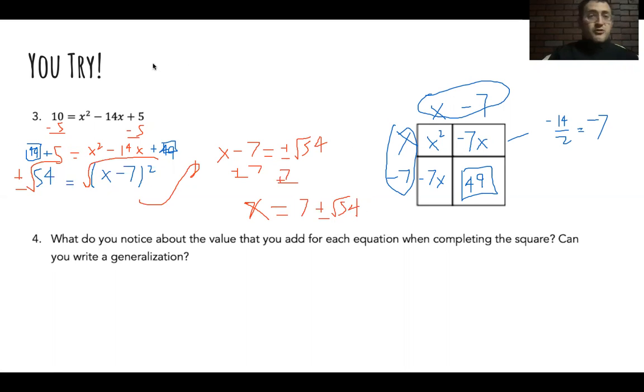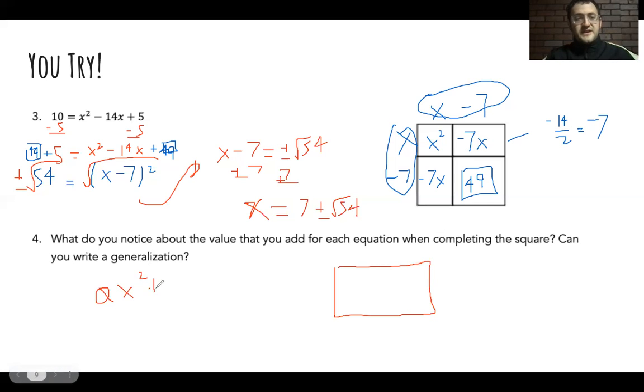If you want a general formula for completing the square, just as a little pattern in your standard form polynomial, ax squared plus bx plus c, we're going to be mainly focusing on a equals 1. But one thing that you can always do is that you're going to have a b over 2.